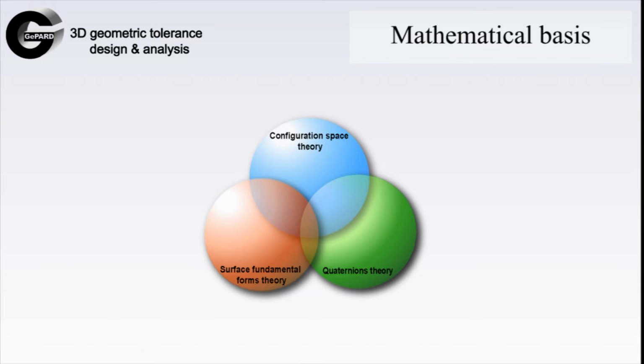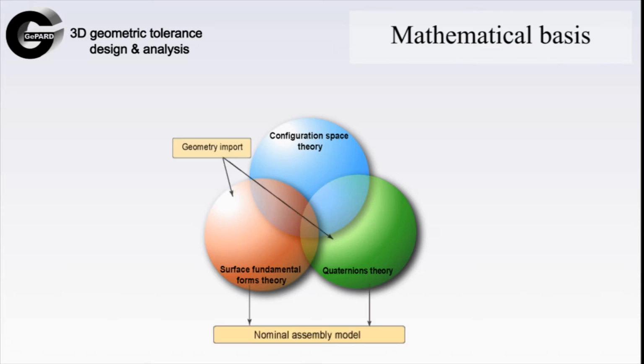The modeling process in Gepard is divided into several stages. First, a nominal assembly model is created. At this stage, an assembly geometric model or subassembly is imported. It has nominal sizes and relationships are represented in terms of fundamental forms and quaternions theory. At the second stage, tolerances are specified and parameterized. We have classified tolerances into three groups.